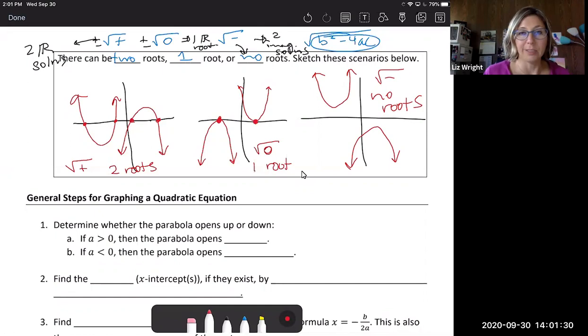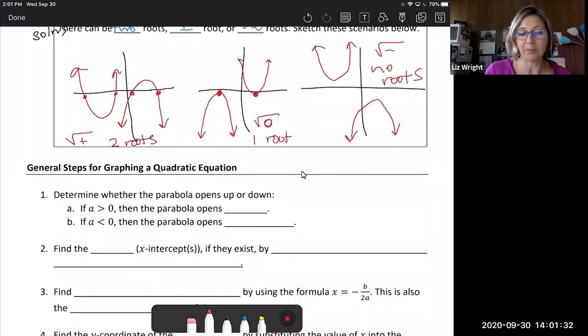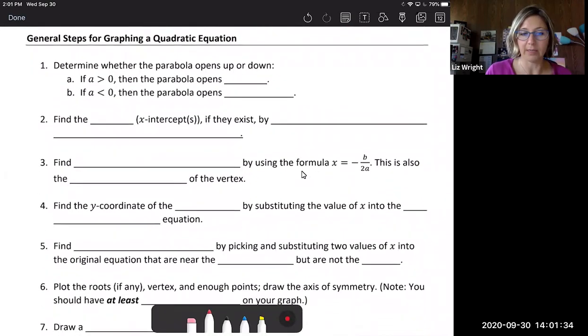All right. So now we're going to talk about our steps for graphing, and then we're going to go graph these guys. So for the first step, what I want you to do is determine whether the parabola is going to open up or open down. So if A is positive, or if A is greater than 0, then the parabola is going to open up.